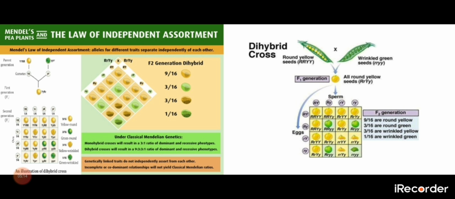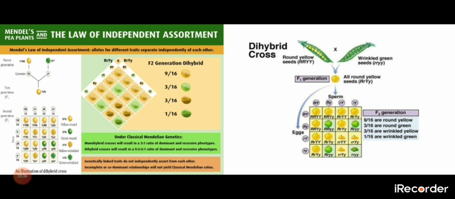The conclusion of the dihybrid cross is that 2 or more pairs of alleles segregate independently of each other as a result of meiosis. This is known as Mendel's second law of independent assortment.